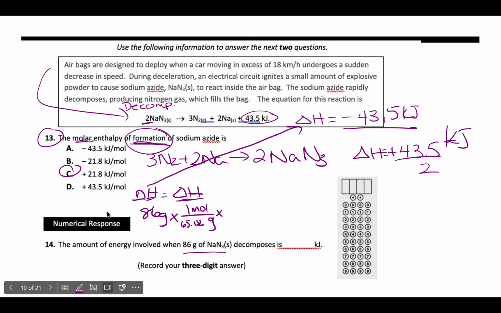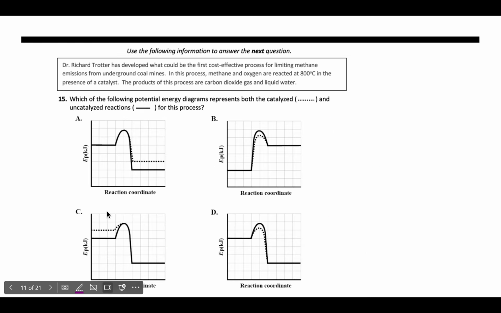We're going to multiply this by your molar enthalpy, negative 43.5 kilojoules, which represents 2 moles of what's reacting. We'll plug it all in, and you get negative 28.8. A common question I get is, how do I put in the negative? Well, you don't. Saying it's about the energy involved, we know the value, we know it's exothermic, so the negative would be implied.